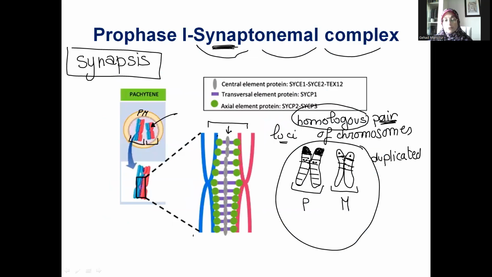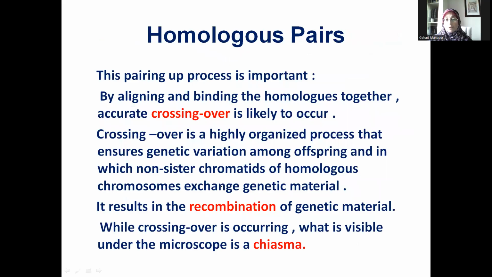So here, what you see is a tetrad, because originally every one of these chromosomes is duplicated. So we have 1, 2, 3, 4 chromatids. 1 and 2 are sister paternal chromatids. 3 and 4 are sister maternal chromatids, okay? And it is this process of synapsis that allows you to see the tetrad.